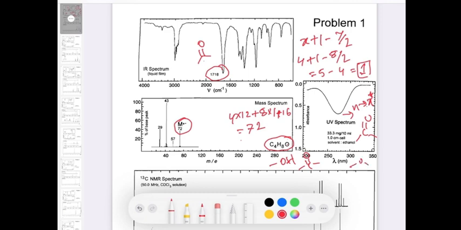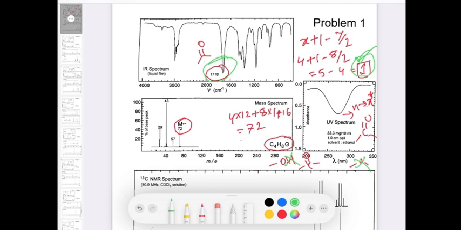Since the IR already has a carbonyl group peak, you can cross out alcohol and you can cross out ether, because there is one oxygen and that is clearly a carbonyl group. From the molecular formula, one oxygen is used by the carbonyl group, and that also matches the soda number. The soda number is 1 and the carbonyl group has a double bond, so soda number 1 is covered up.